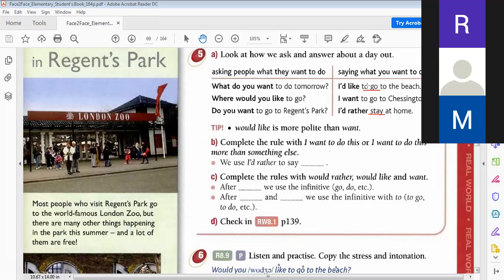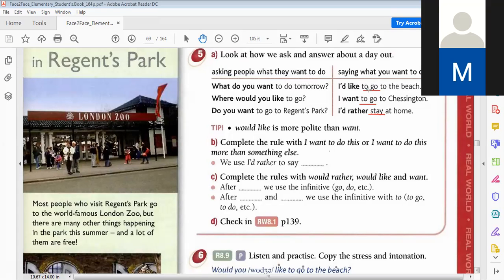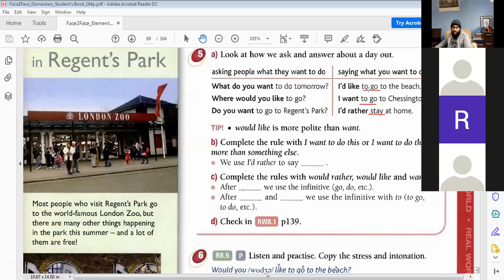I'd like to go, I'd like to stay, I'd like to visit my grandma, I'd like to travel next year. The same thing with I want. I want to go to the beach, I want to go to a cafe, I want to meet my friends, I want to buy a car, I want to play video games. So the only difference in grammar, in word order, is the to or the absence of to. That is the only difference between them.